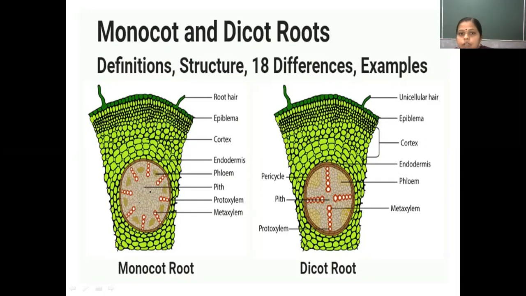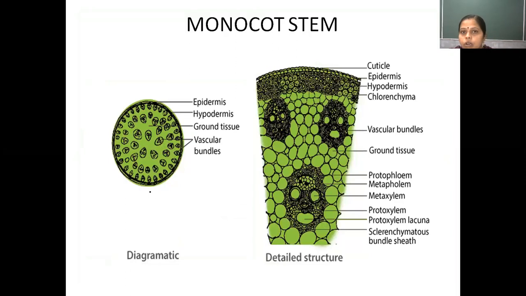Okay, so that's the difference we can find between monocot root and dicot root. Next, monocot stem. Okay, the structure of monocot stem. In this, we can see scattered vascular bundles, and it is also made up of a single layer of epidermis.